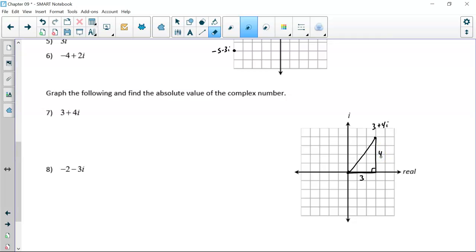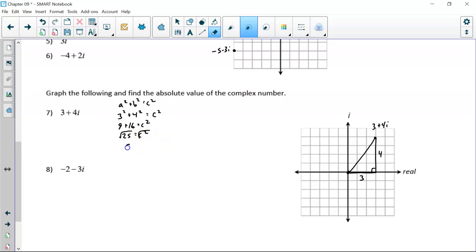What we could do to find the absolute value of 3 plus 4i is use the Pythagorean theorem. a squared plus b squared equals c squared. We're looking for that hypotenuse. 3 squared plus 4 squared equals c squared. Notice I'm not including i. I'm just looking at the values. 9 plus 16 equals c squared. 25 equals c squared.